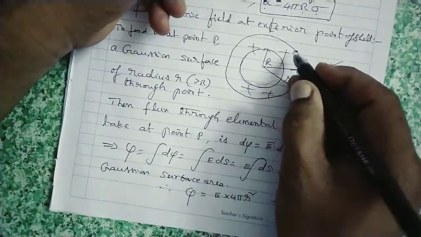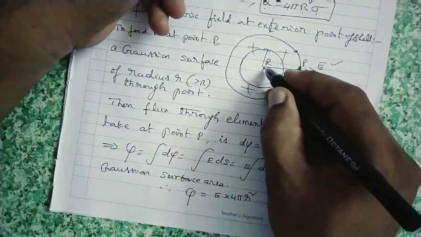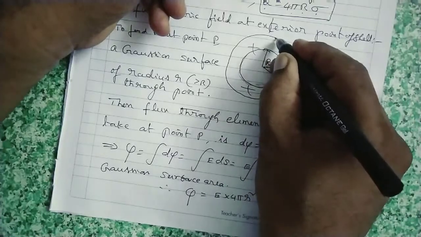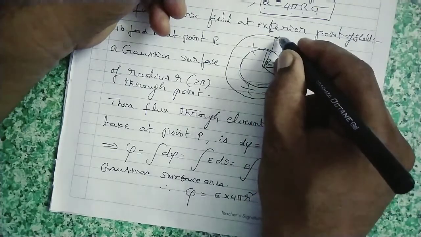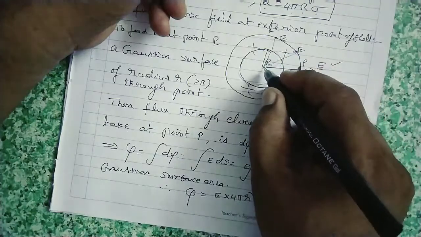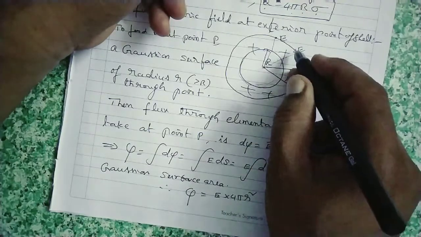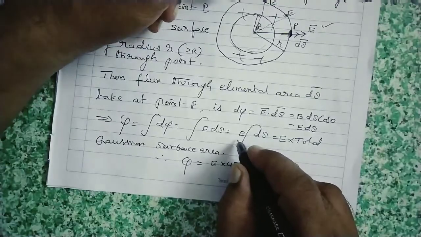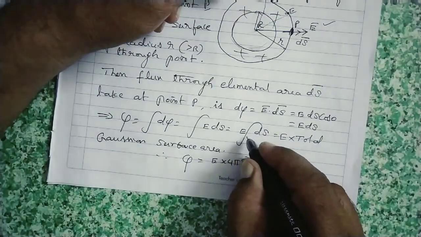Here the Gaussian surface point is at distance small r, so the electric field should be E. This point is also at distance small r, so there also the electric field should be E, because on the Gaussian surface every point is at equal distance from the center. So at every point the electric field should be the same. In that way the electric field magnitude was constant, so it came out of the integration.